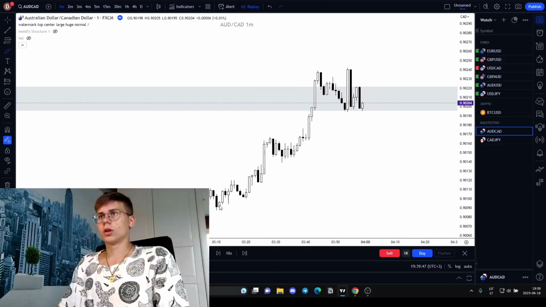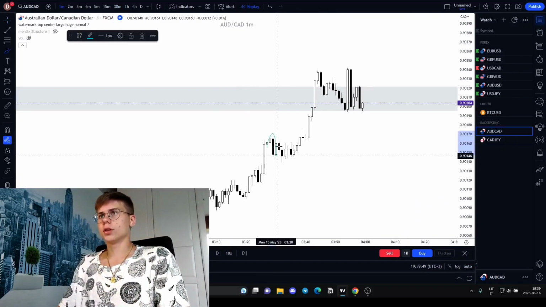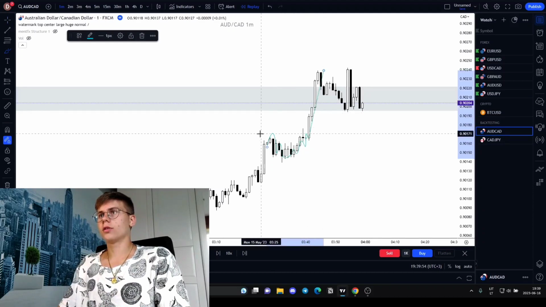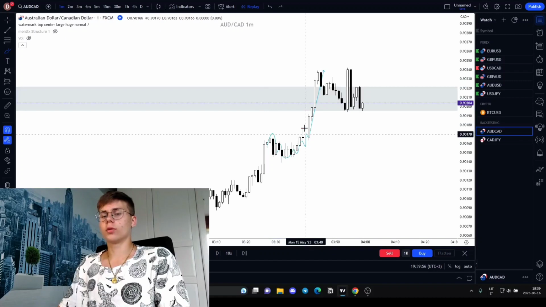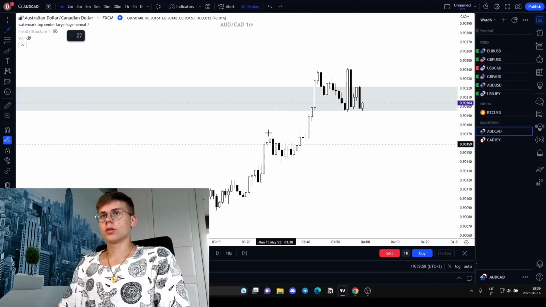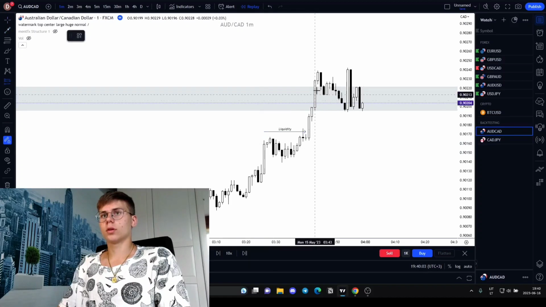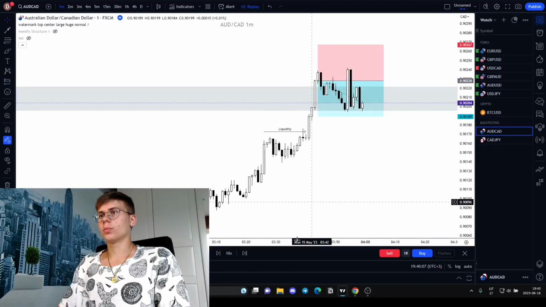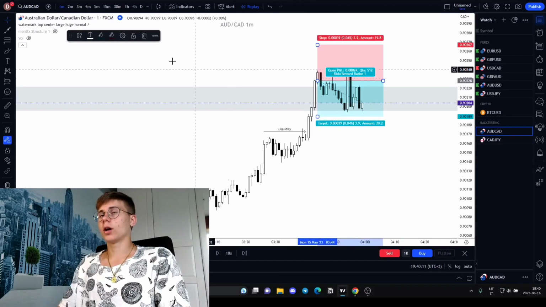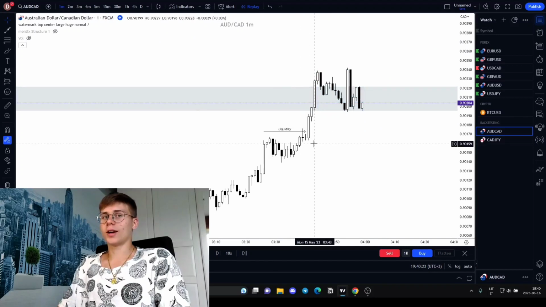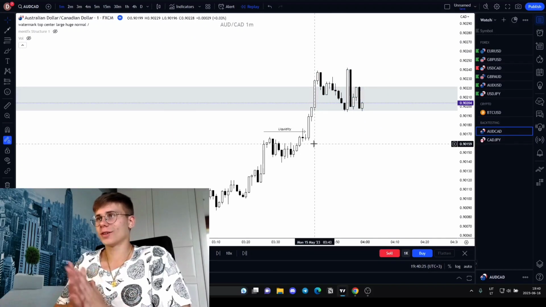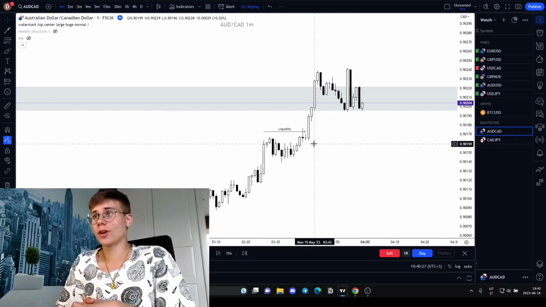And yeah, we see that liquidity forming right here and straightly going up. And we have a clear model, but probably I wouldn't take it and I won't journal this trade, because I would not be taking trades in the middle of the night.